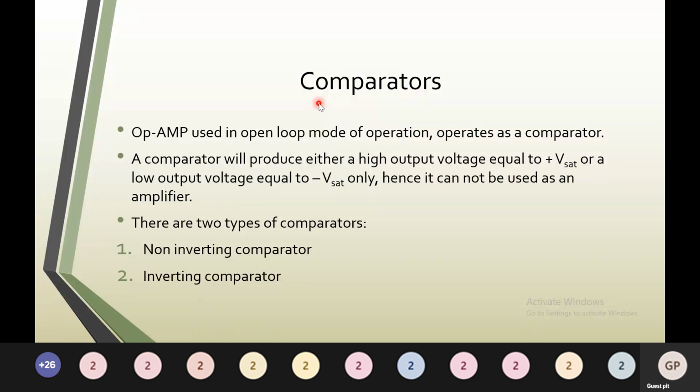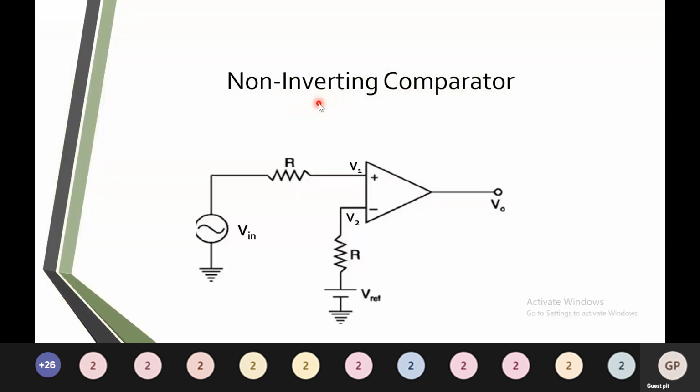There are two types of comparators: non-inverting comparator and inverting comparator. First, the non-inverting comparator. Whenever a circuit acts as a comparator, it needs two voltages: an unknown voltage and a known reference voltage.